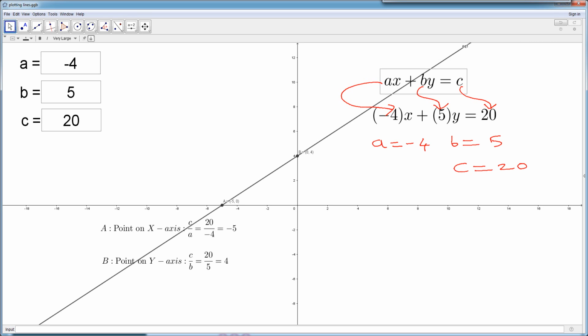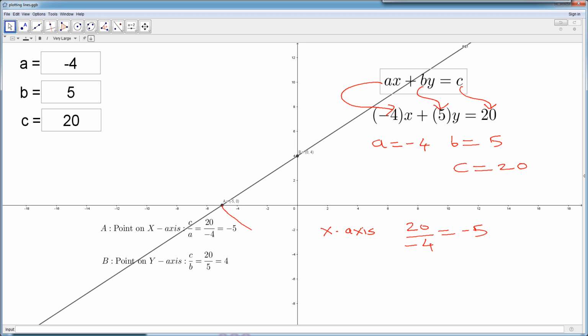In order to draw this line, we need 2 points. So first we will find the point on the x-axis. It is given by c upon a, which is equal to 20 upon -4, which is equal to -5, and this point is represented here.